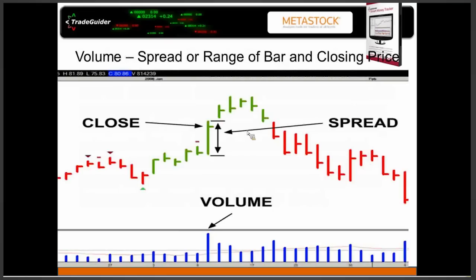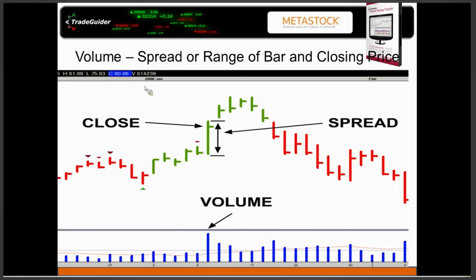So what I'm going to show you today is volume spread analysis. We look at the volume, which is simply the activity or the cause of a price movement. The spread of the bar is what the price actually did during the time frame you're analyzing. So let's imagine that this schematic that I'm showing you is a daily chart of a stock.